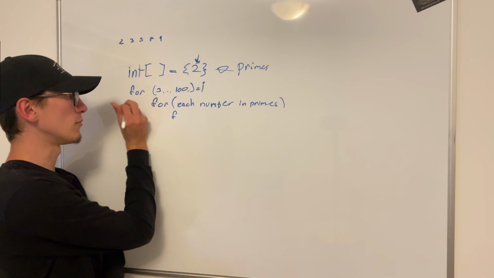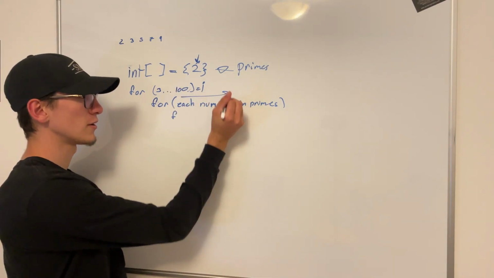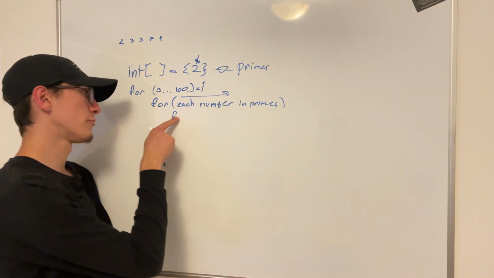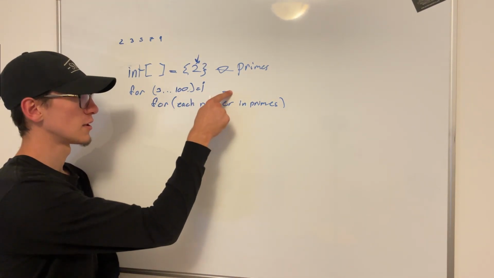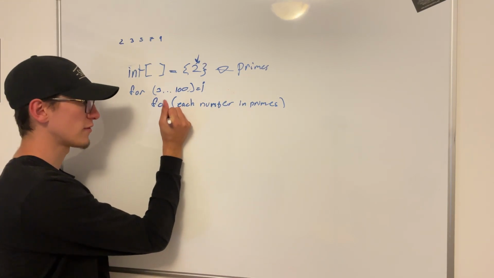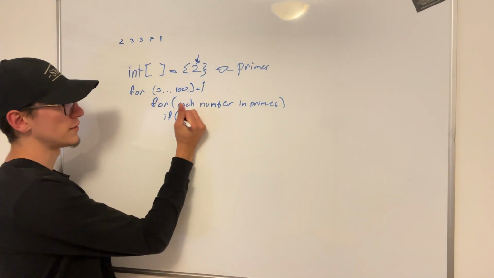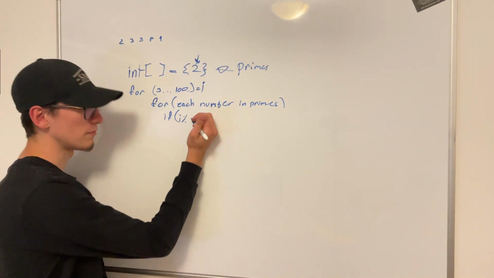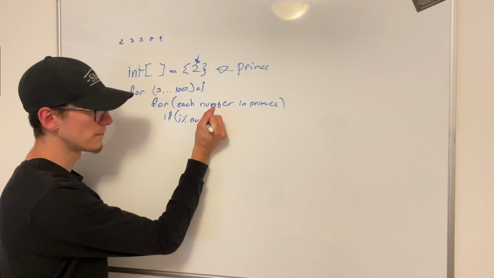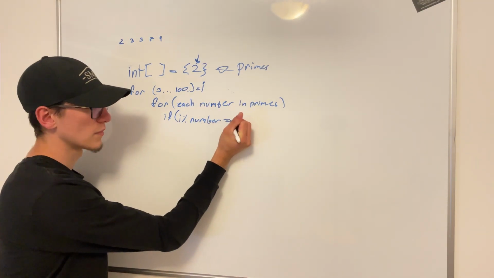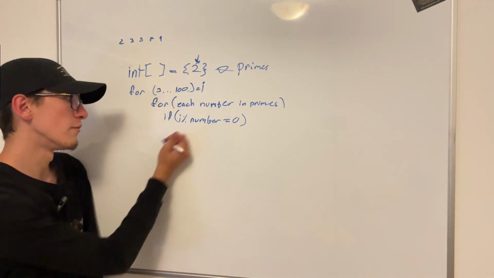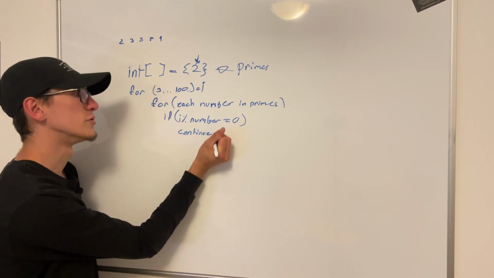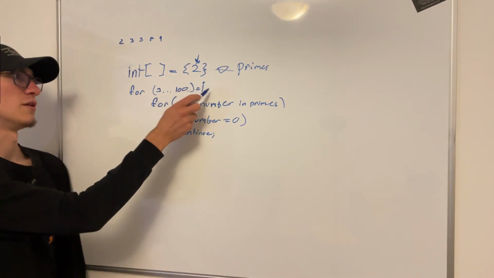We could just say if i is wholly divisible by the number, then we can just continue and go to the next number i.